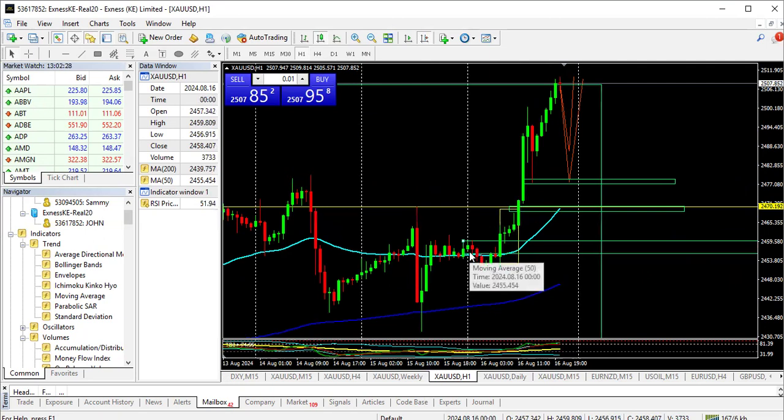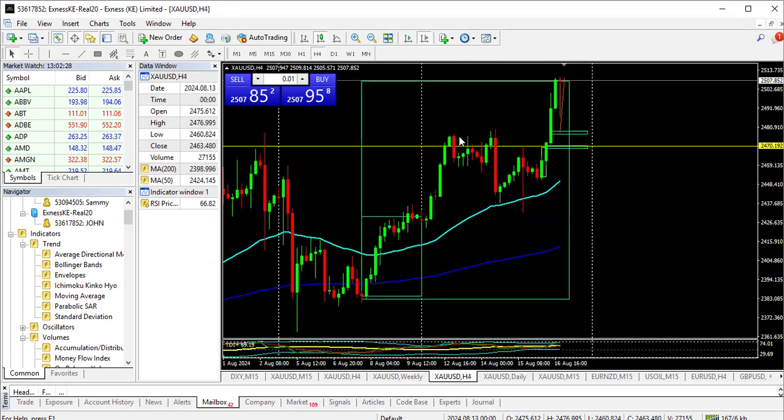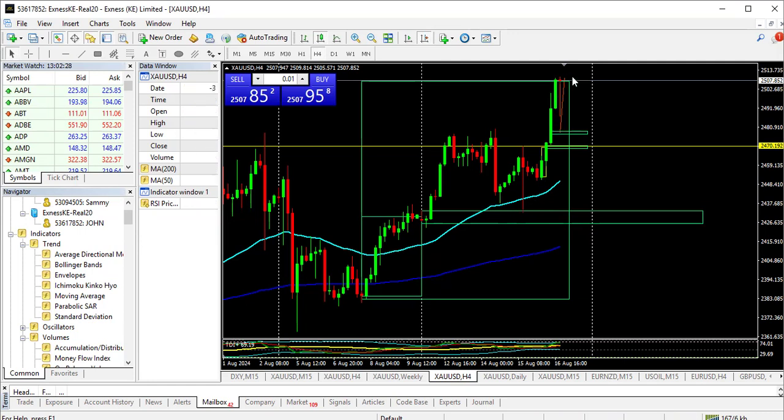So the PSR, the market broke this. No, sorry. That is not, I mean to go to H4. So the PSR is this particular area here last week. This particular area here, this is why you have the PSR. The PSR was retested by 15-minute candle, and then it moved up.